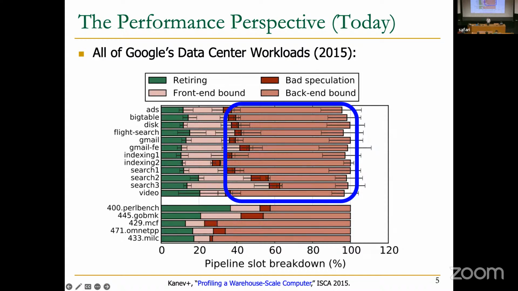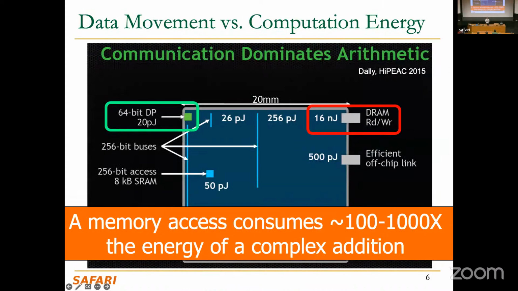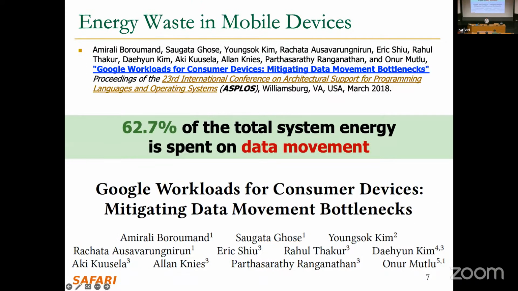For example, this is the paper that Onur mentioned from the Google server workloads, and they show there that the majority of the execution time was spent doing data movement. In terms of energy, this data movement creates a huge problem because moving data around takes way more energy than computing on the data itself. And this impacts the total energy expended in systems quite significantly.